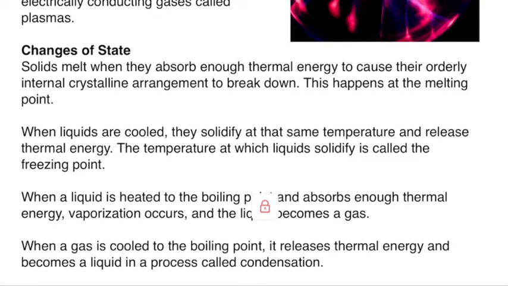So a lot of this change in state has to do with heat. It has to do with energy. And there are ways that you can change state without changing temperature. For instance, at 0 degrees Celsius or 32 degrees Fahrenheit, ice will melt into water at that temperature. But at that same temperature, 32 or 0 Celsius, water freezes into ice.